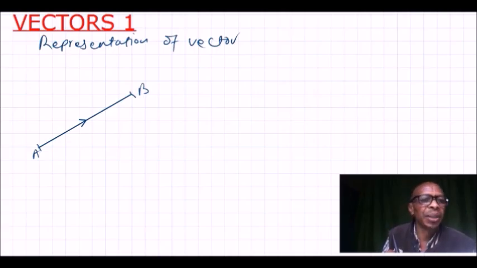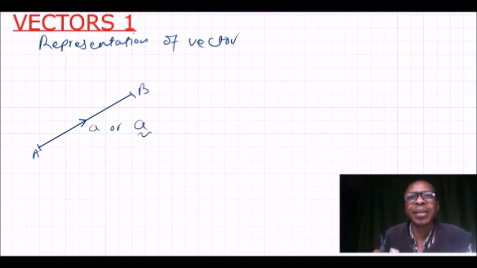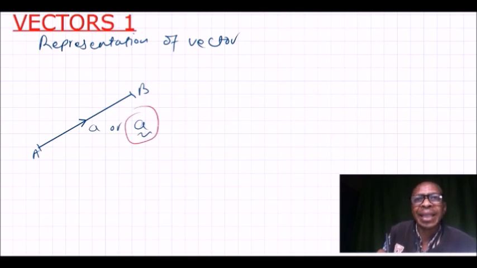Then we can call this vector A, or we also use A with a zigzag line underneath. So whenever you see this zigzag line written in this kind of way, then you understand it is a vector. So when you draw a vector, you must indicate the direction.